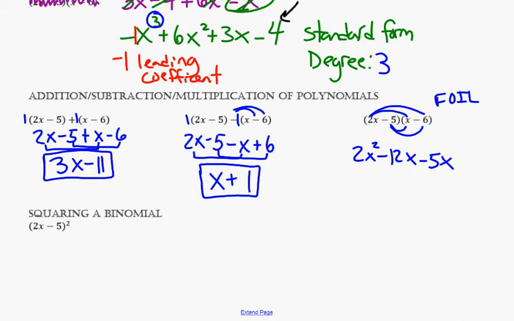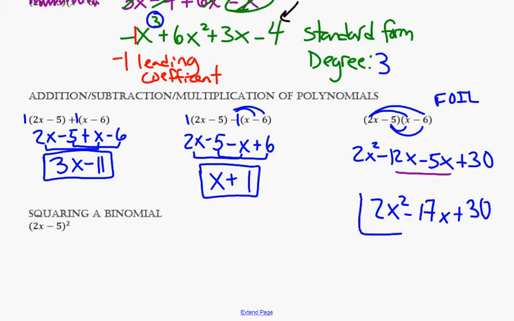And there is a positive 30. And if you notice here, we have two like terms that I need to combine. So it's 2x squared minus 17x plus 30. And that right there is my FOILed binomial times binomial. So I have addition, subtraction, and multiplication going on here.